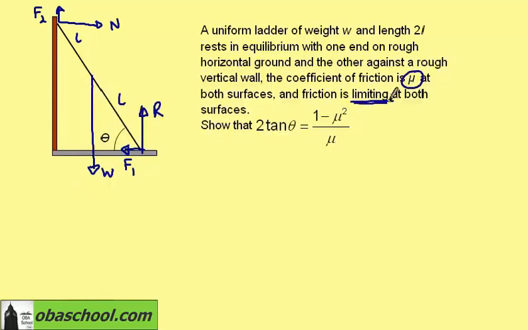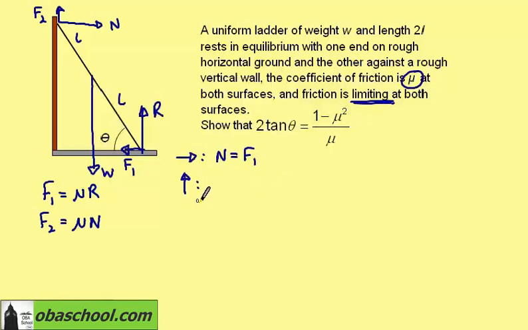The coefficient of friction is mu, and we're limiting at both surfaces, so F1 is equal to mu R, and F2 is equal to mu N. If we now consider the horizontal forces, F1 and N act horizontally, it follows that N is equal to F1.